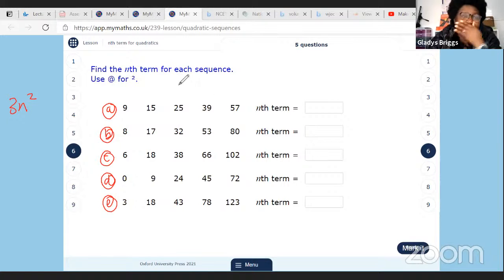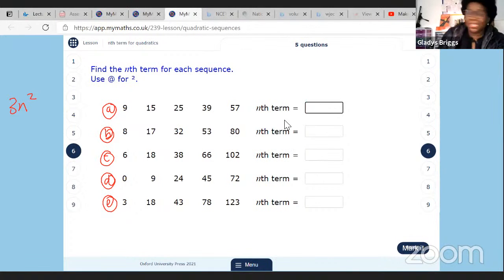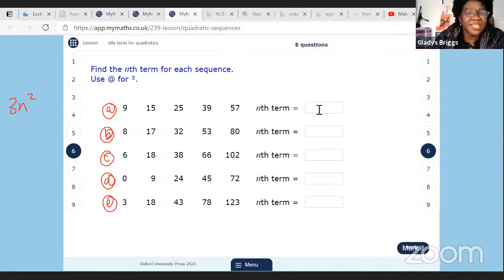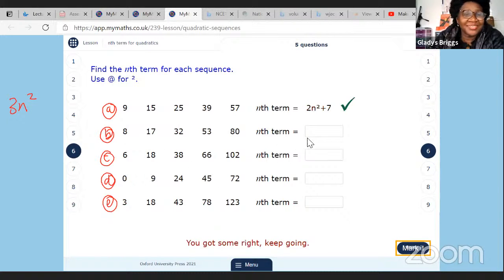Okay, so we only have 9 minutes. Let's get some answers. Who wants to give us the answer for question 1? 2n squared plus 7. Okay, let's have a look. Well done. See, you don't hate it so much anymore.